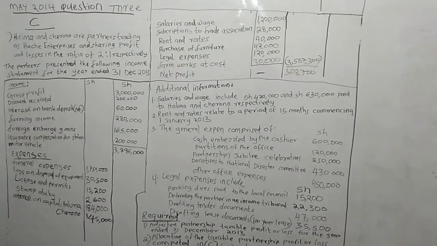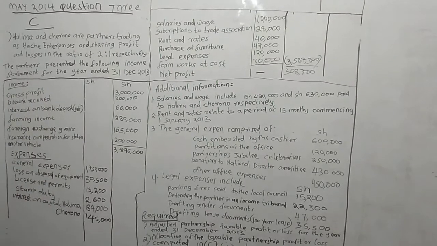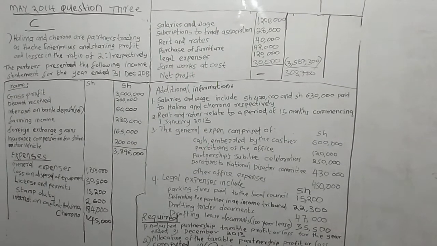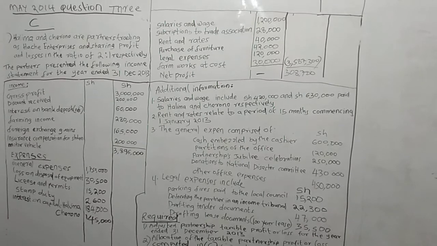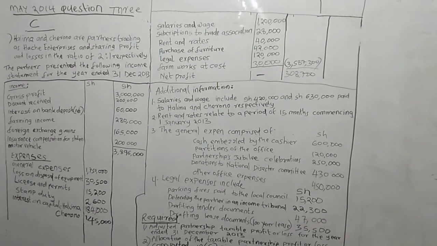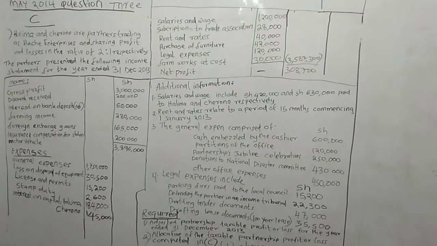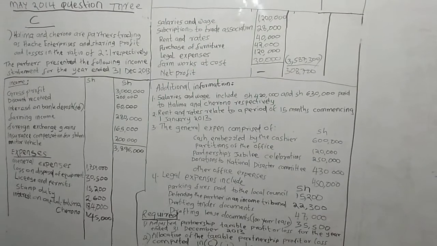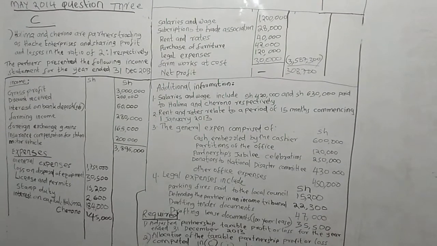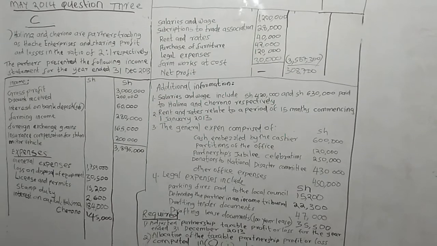Additional information. Number 1, salaries and wages include shillings 420,000 and shillings 630,000 paid to Halima and Shirono respectively. Number 2, rent and rates relates to a period of 15 months commencing 1st January 2013.